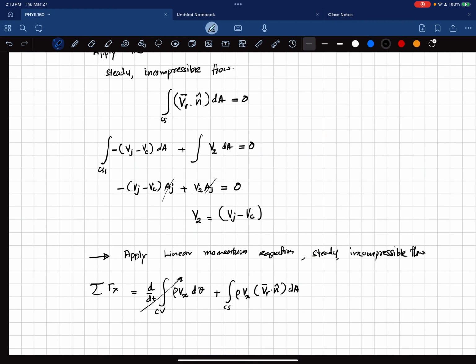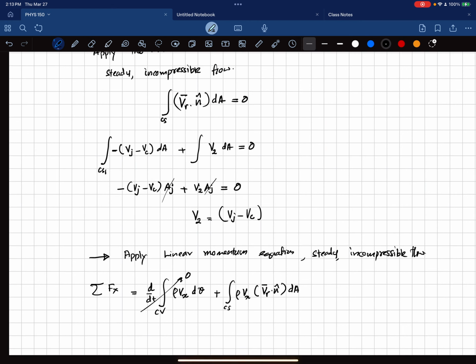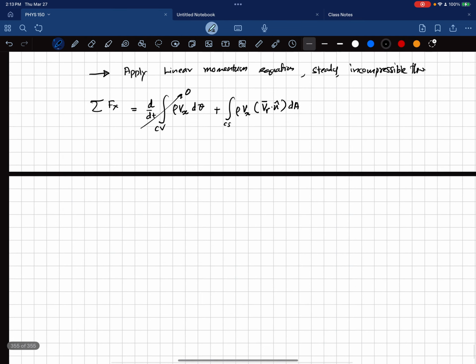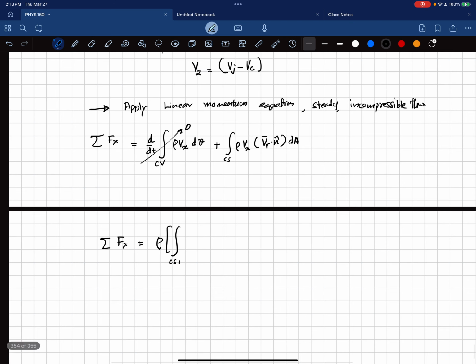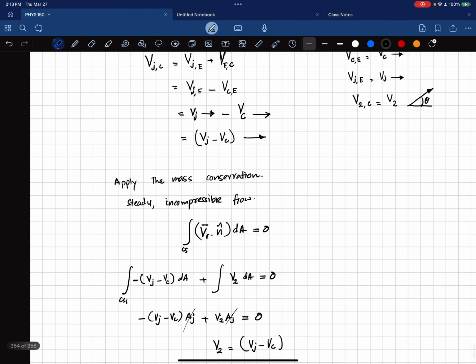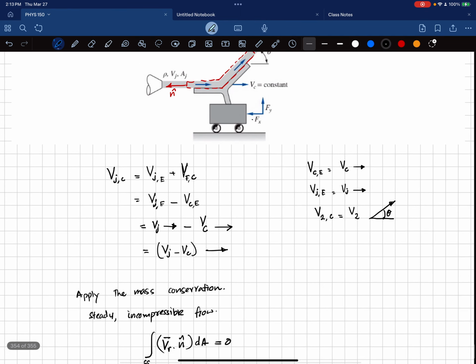For steady flow, the first term goes away. And for incompressible flow, you can take rho out of the integration in CS1. The x-direction velocity at the inlet is Vj minus Vc.